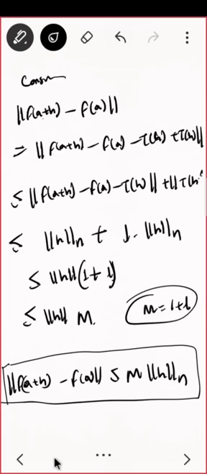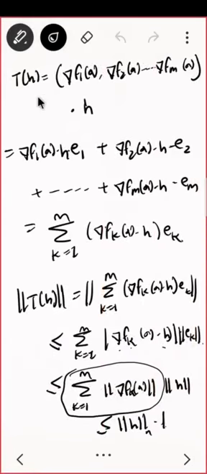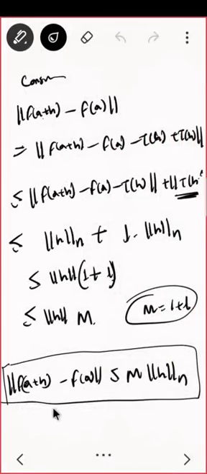So the main motto was to make this norm T h some multiple of norm h. How did you do that? By writing what T of h is, that is this, then this is multiplication, this is your vector, and this can be written as a summation. If you want to take the norm, use the triangle inequality and the Cauchy-Schwarz inequality, and this is a constant, which you take as L. At last you just have to substitute e plus h equal to x and do the calculation.